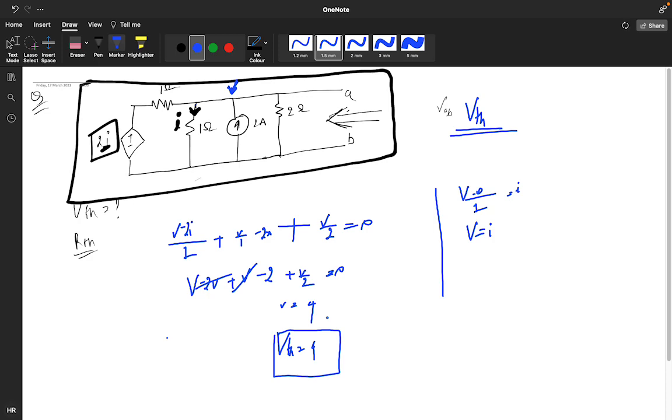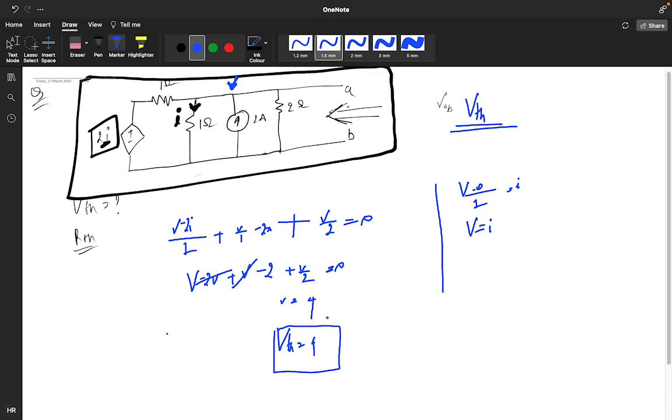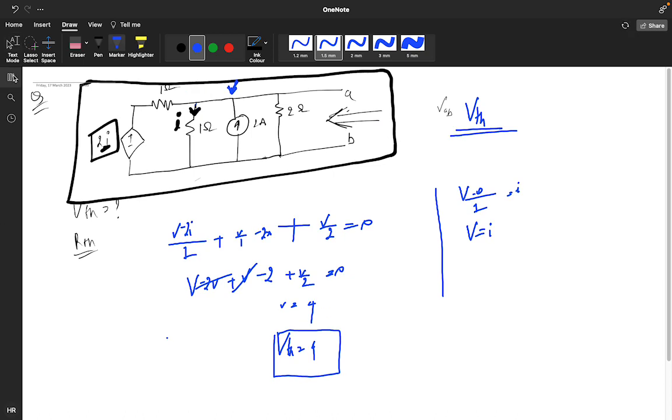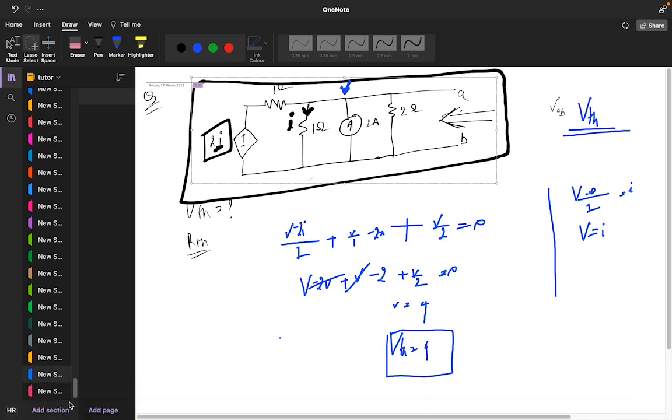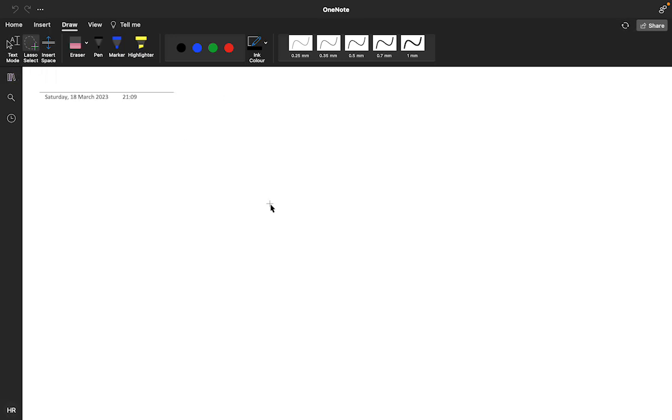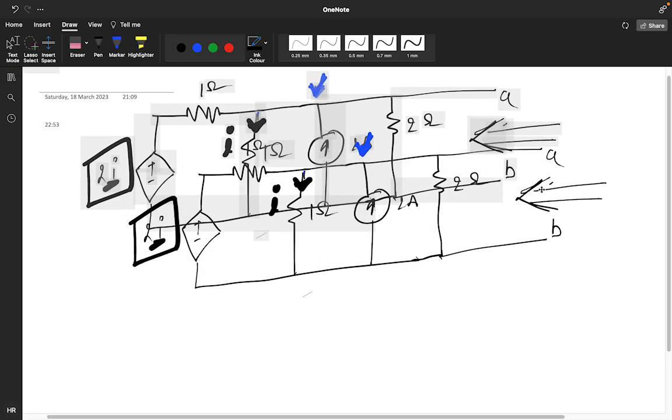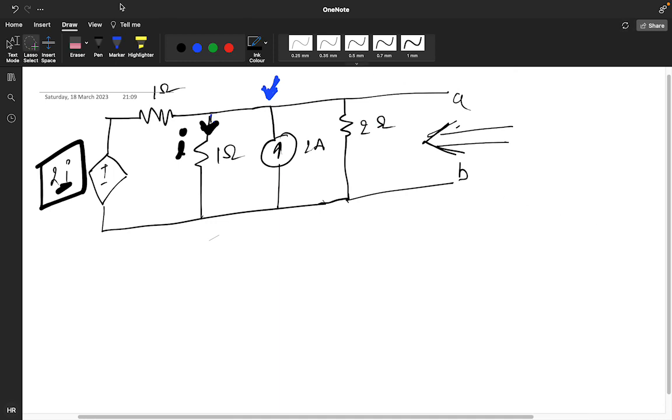What about the RTH value? For finding the RTH value, the independent source will become open circuit.